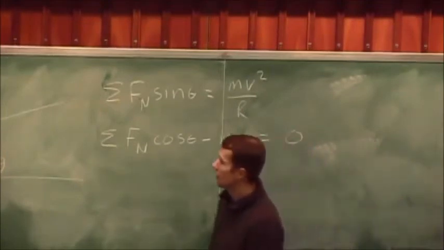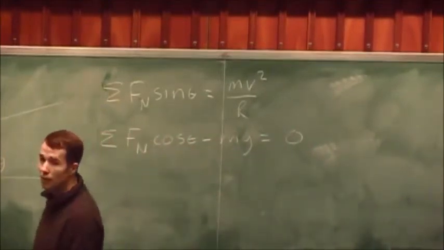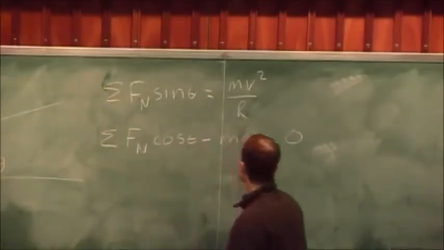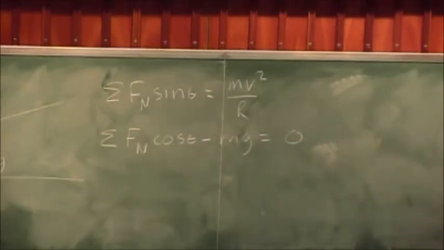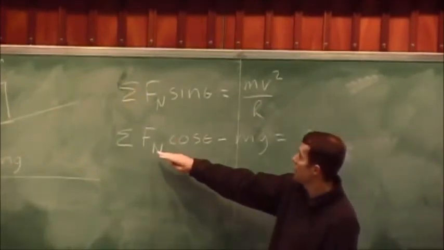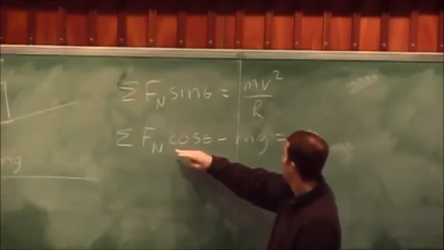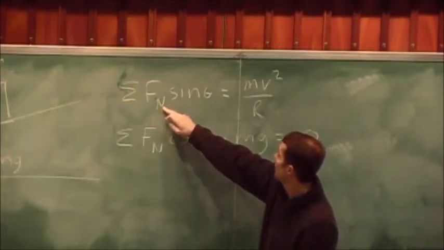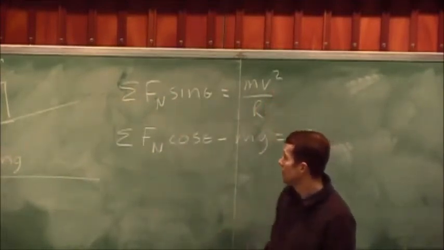Right? Okay, so basically, at this point, all we do is solve for Fn, and then we can put that back up into here, and then we can solve for v.